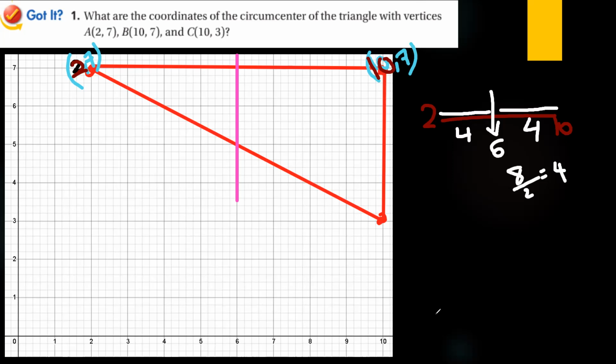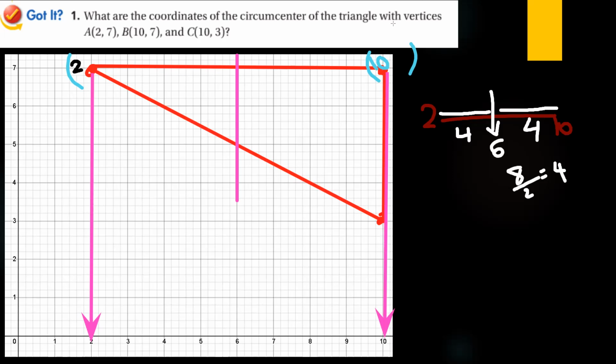What are the coordinates? They are 2, 7 and 10, 7. The coordinates for the line are 2, 7 and 10, 7. But since this line is parallel to the x-axis, I must look at the x-axis points, where they are 2 and 10. Here they are at point 2, and here they are at point 10.